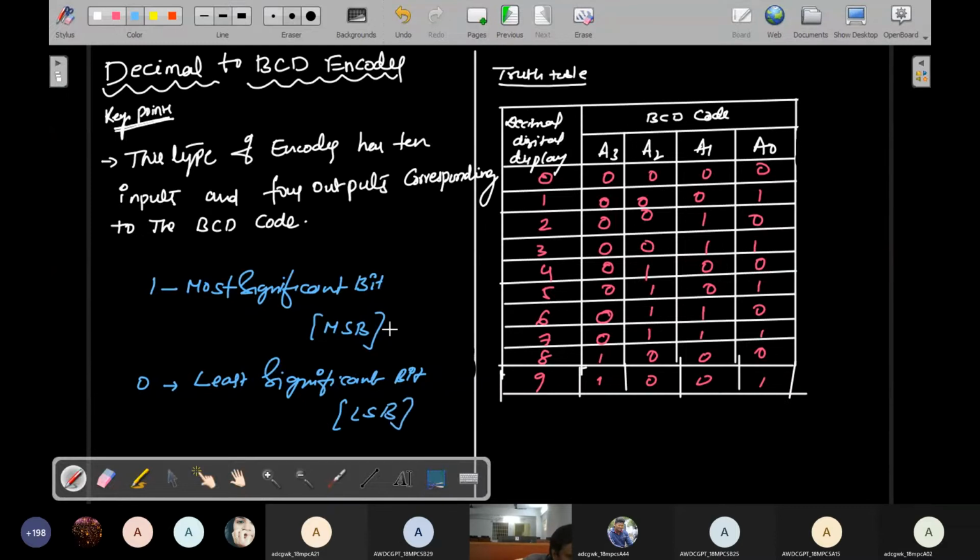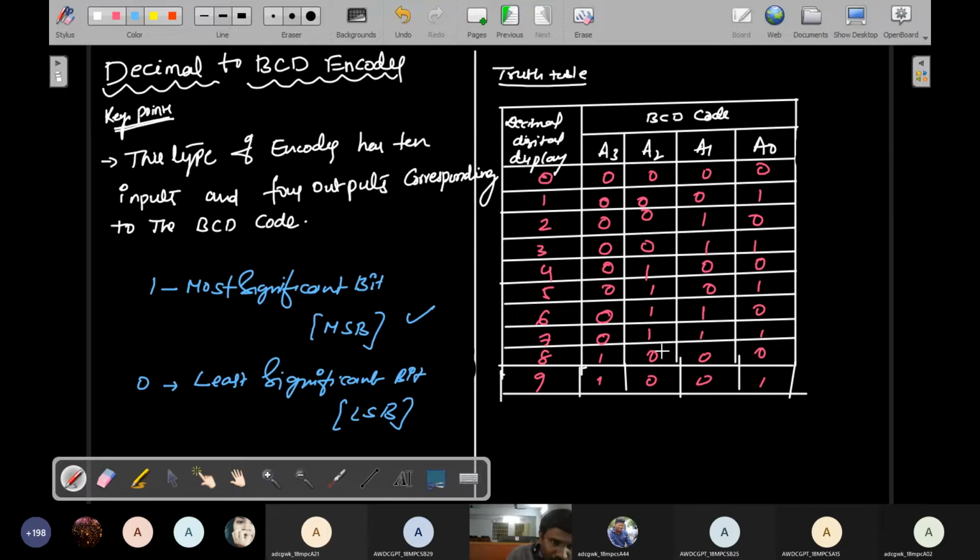Here we always consider the most significant bit only. For suppose if you consider the A3 output, in A3 output the most significant bit represents only decimals 8 and 9. Understand? So the most significant bit only considers 8 and 9 decimal numbers.